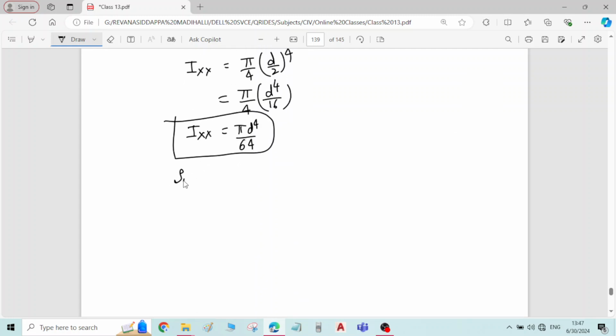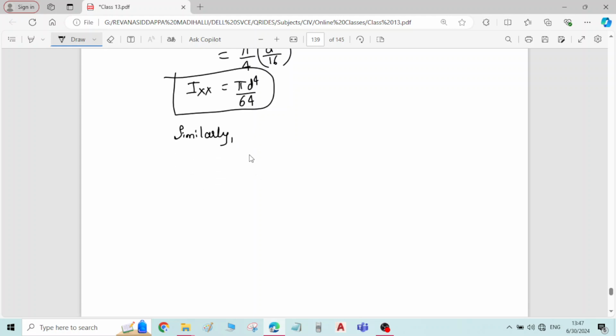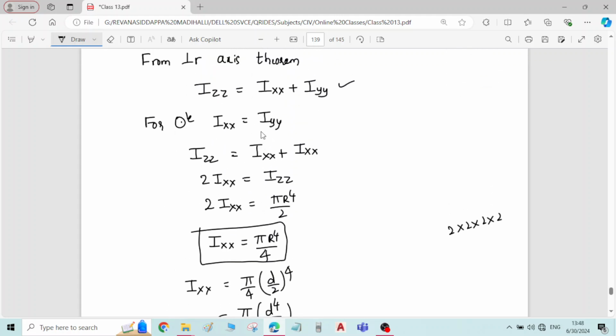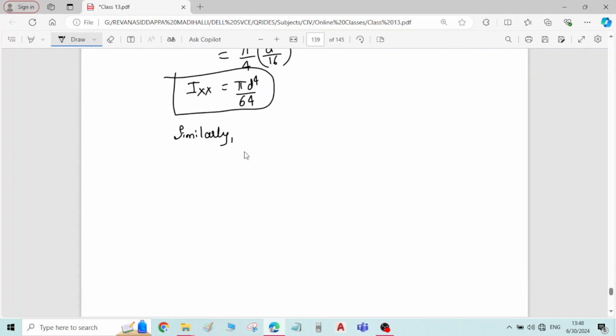Similarly, if you obtain the expression for Iyy, it will be the same equation, because Ixx is equal to Iyy for the circle. Therefore Ixx is equal to Iyy is equal to pi d raised to 4 by 64.